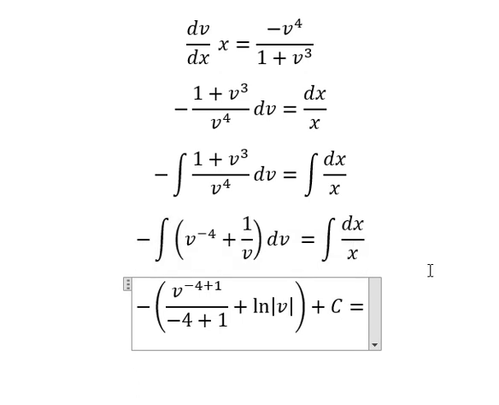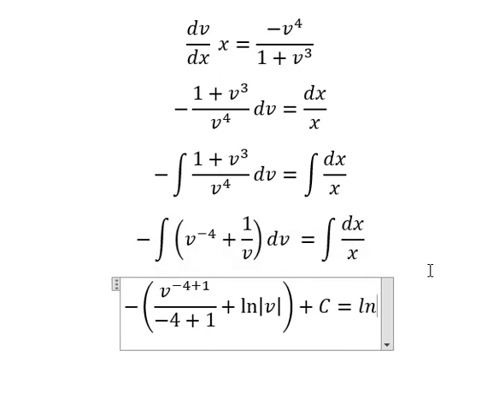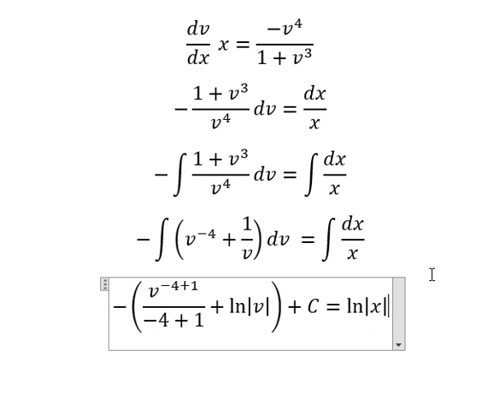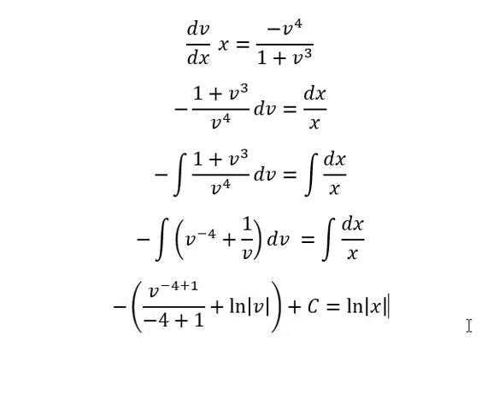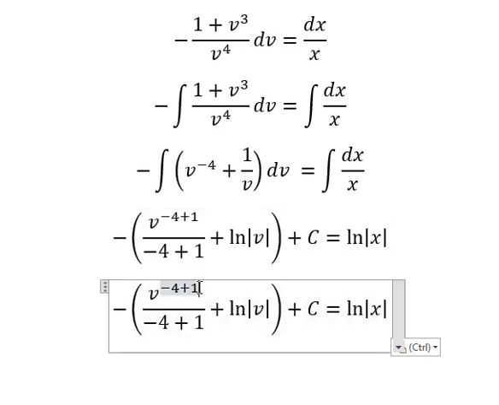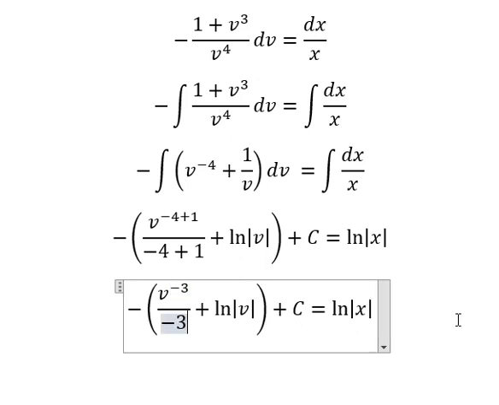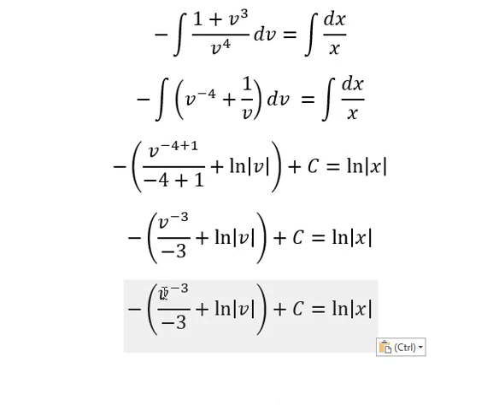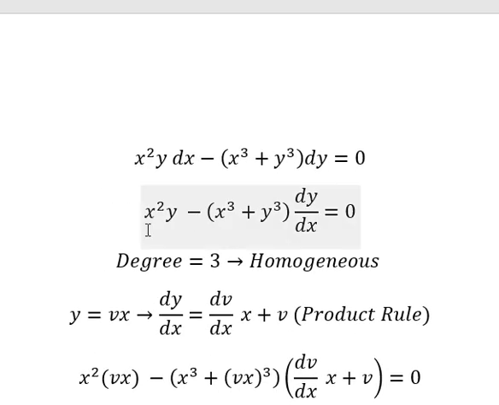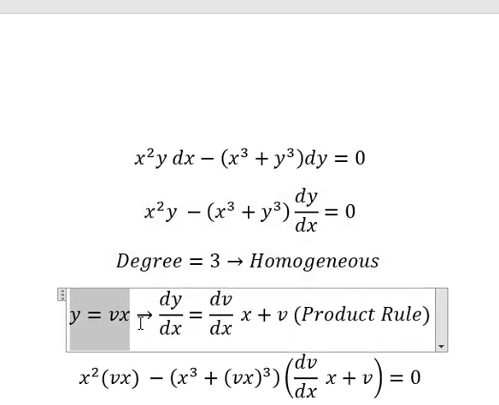This one we have ln of the absolute value of s. This one we have negative number 3. This one we have negative number 3. About v, that is about this one.